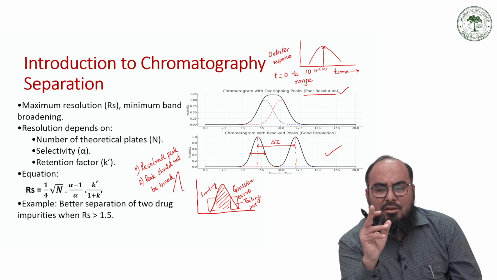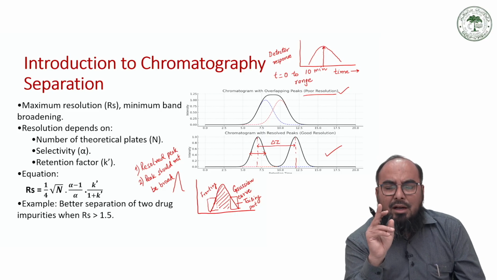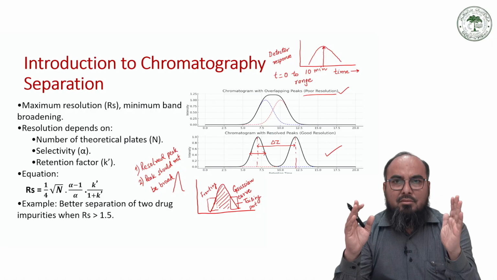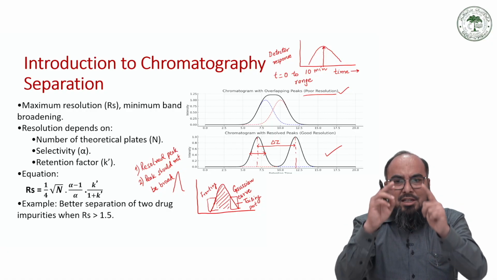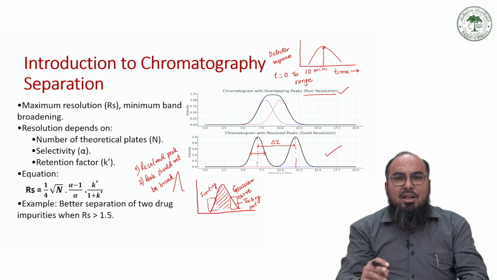So, you have to keep two things in mind: the peaks must be resolved and the peak width should be as small as possible. Ideally you should get sharp peaks.